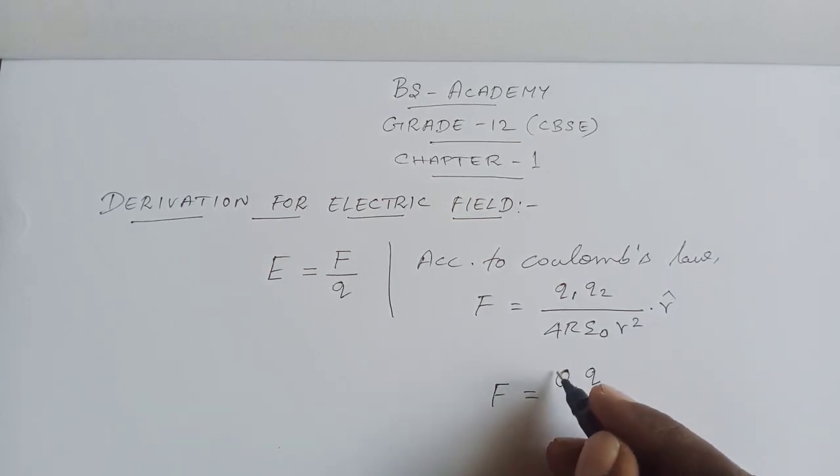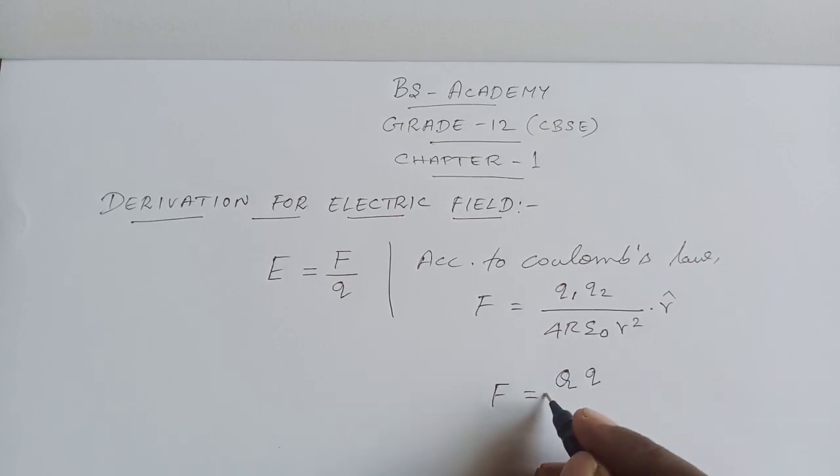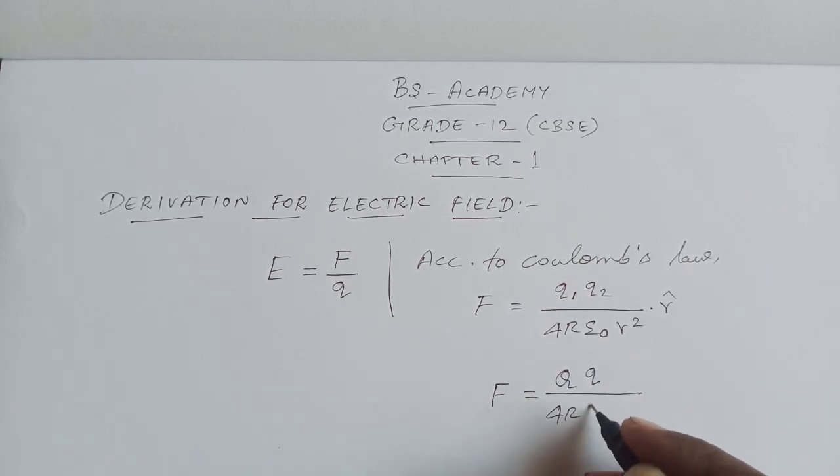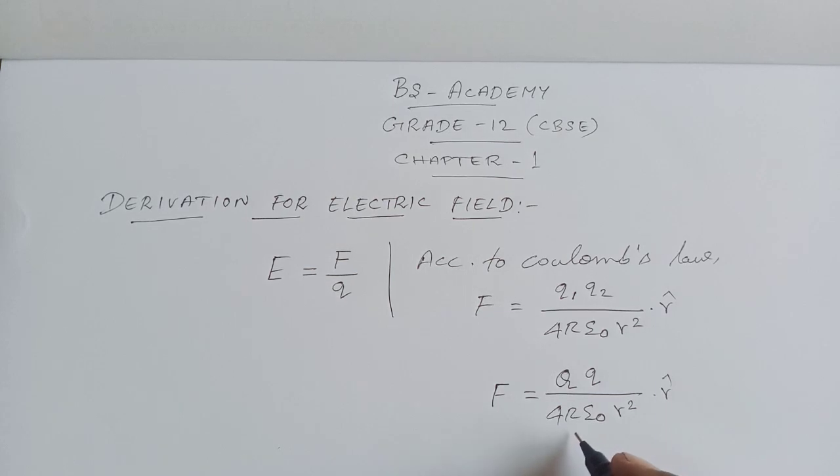That is, capital Q is the source charge and small q is the test charge, right? So we can replace Q1 as capital Q and Q2 as small q. F is equal to capital Q into small q, where capital Q is the source charge and small q is the test charge, divided by 4 pi epsilon naught r square into r cap. So this is the equation for the force.